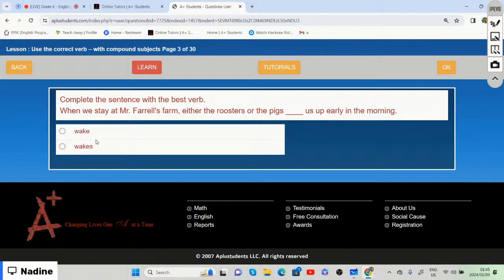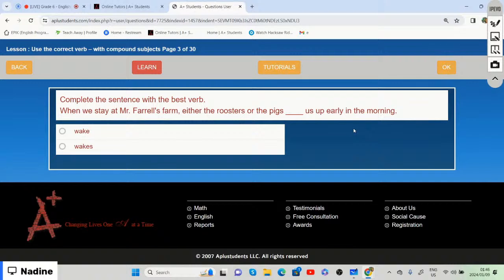And when we stay at Mr. Farrell's farm, either the roosters or the pigs, do we say wake up early in the morning or wakes up early in the morning? Because it's roosters or pigs, referring to it being a plural subject.